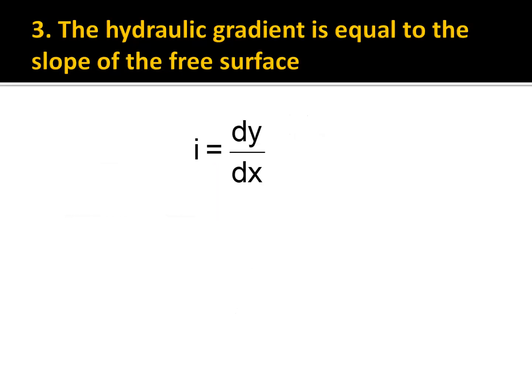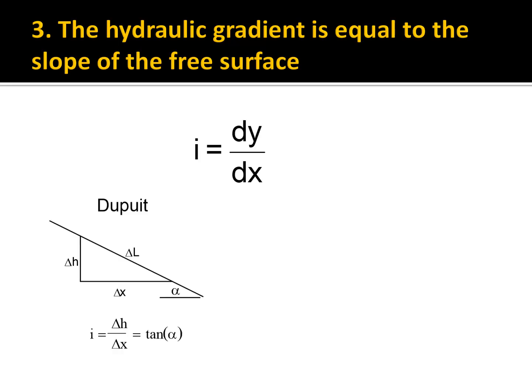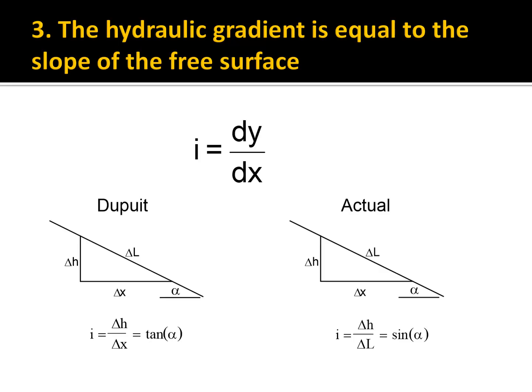And then finally, number three, the hydraulic gradient is equal to the slope of the free surface. So if this is our free surface, the phreatic surface, the slope of that line would be delta H over x, which is the tangent of alpha.